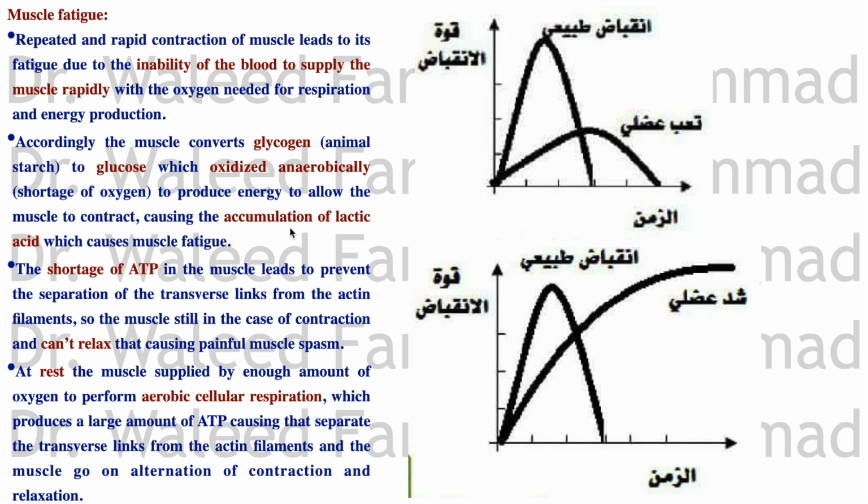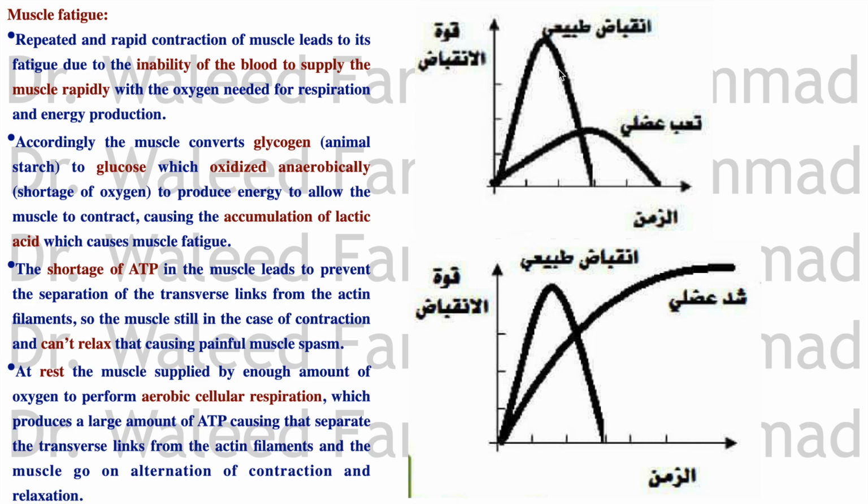Okay? So, glycogen is the ATP storage form in the muscle. It breaks into glucose anaerobically, becomes oxidized, and one of the end products of this reaction is the accumulation of lactic acid. See, this is a normal muscle contraction. This is muscle fatigue.